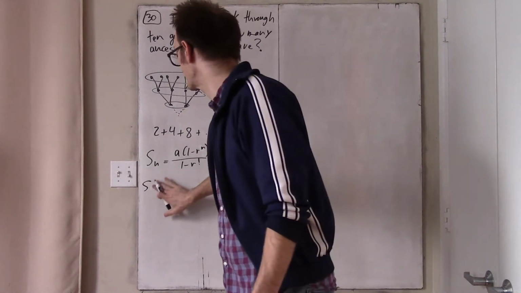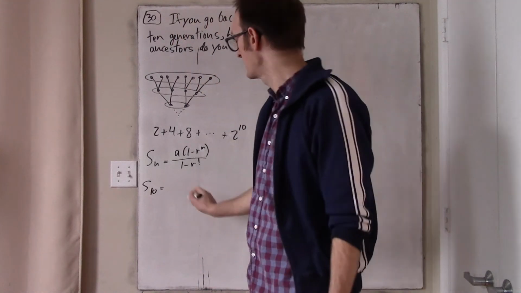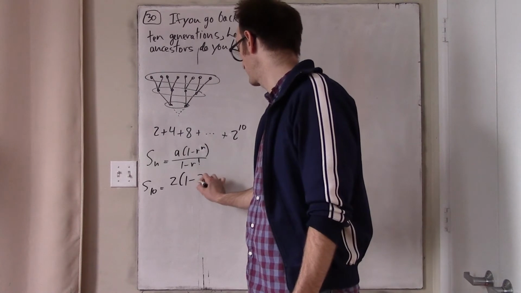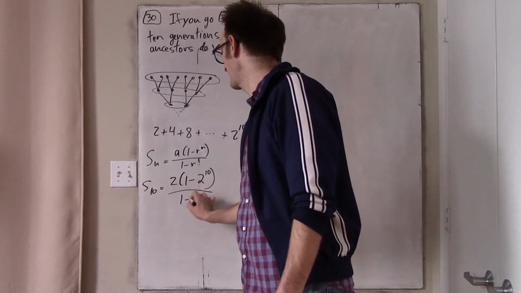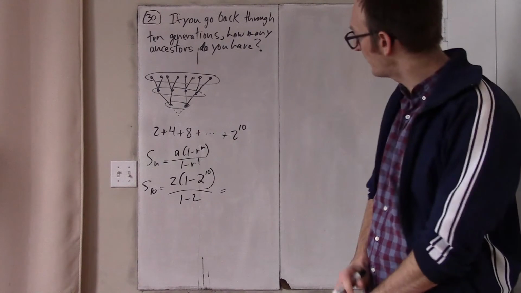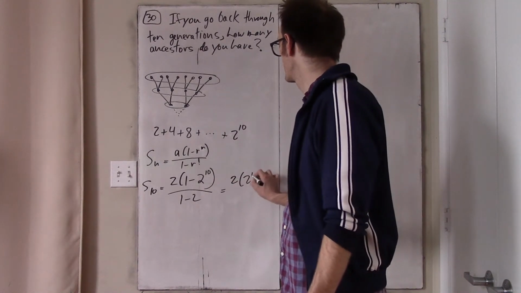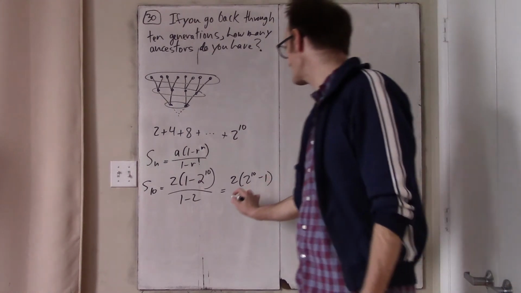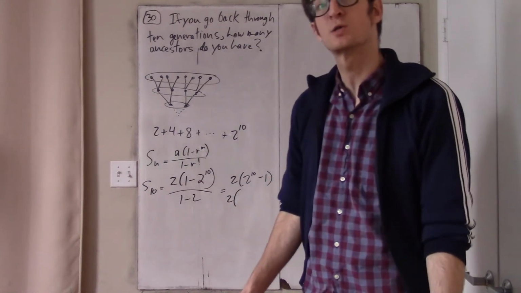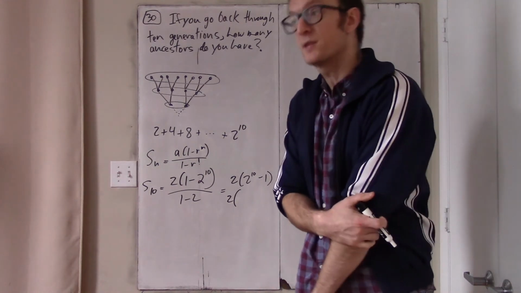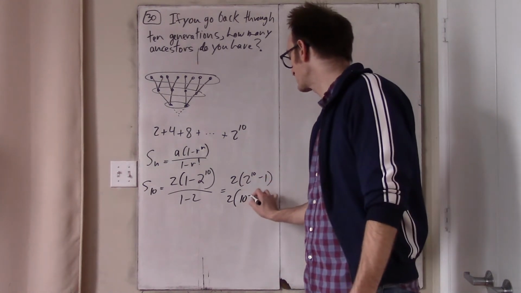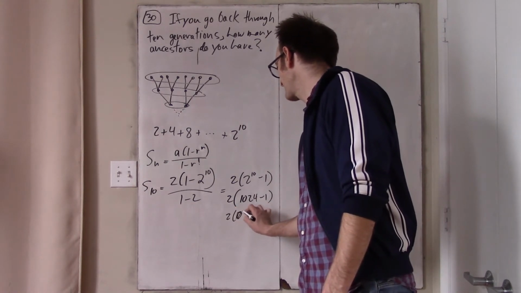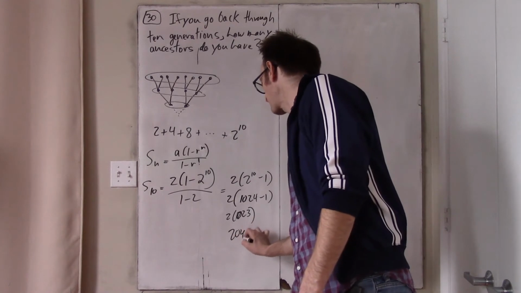So we're adding the first 10 terms of this series. It's going to be 2 times 1 minus 2 to the 10th over 1 minus 2. This is just going to be 2 times 2 to the 10th minus 1. And what is 2 to the 10th? I just know that one by heart. That's 1024. So this is 1024 minus 1, and this is 2 times 1023. And so the answer to this is 2046.